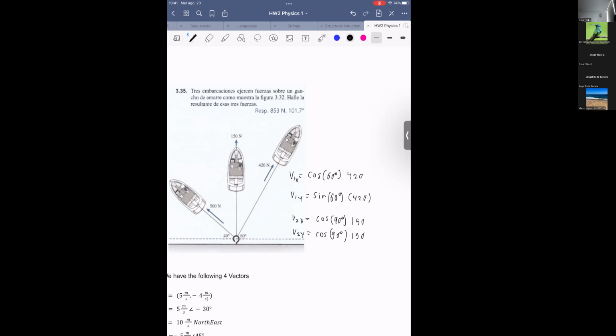Teacher, since it's on 0, could you just say it's 0 and 150, since it's just going up? Yes, we know this one is going to be 1, so 1 times 150.